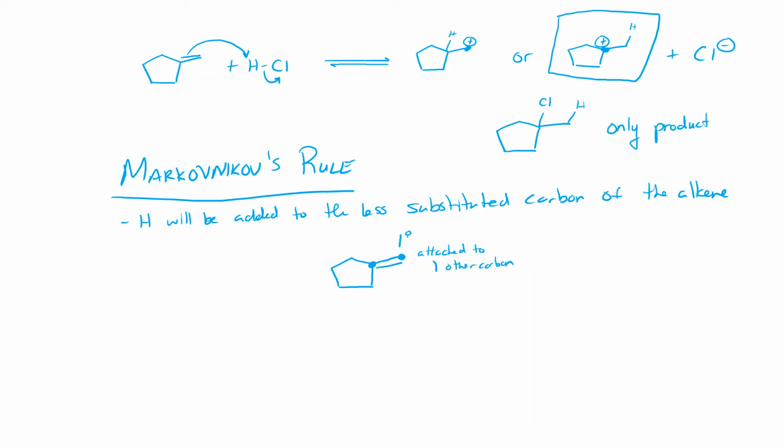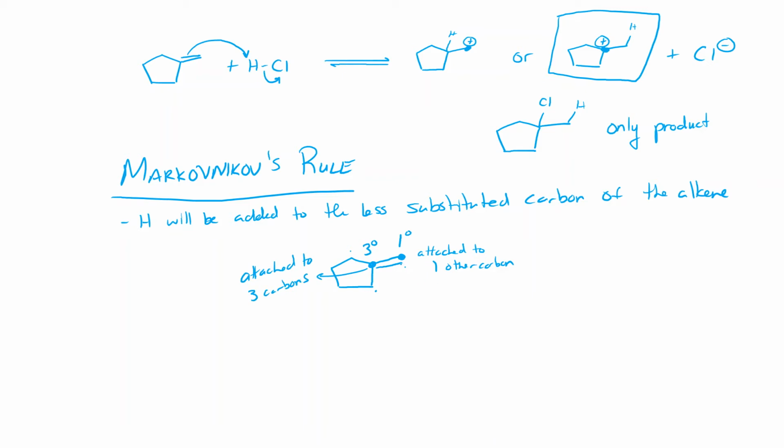You may remember a little of this from nomenclature. This is the same idea. This carbon over here is attached to three other carbons, one there, and then one over here. So it's attached to three carbons, and this is a tertiary carbon.